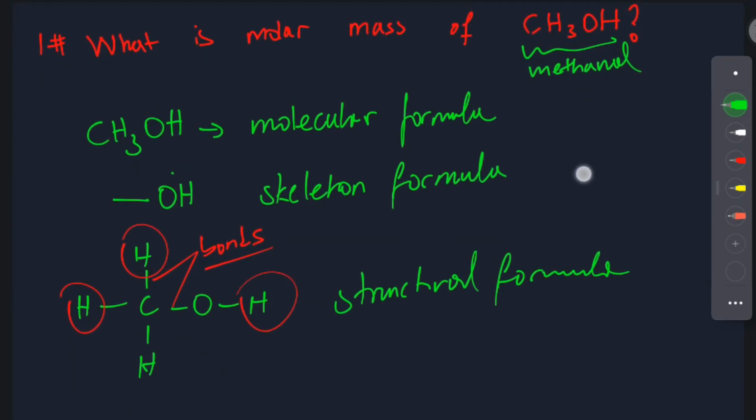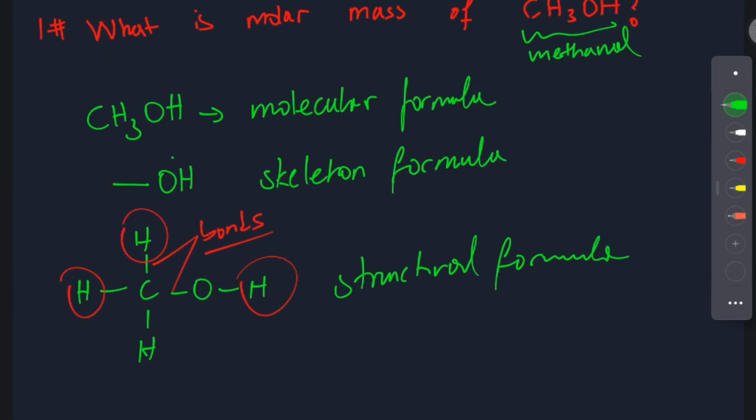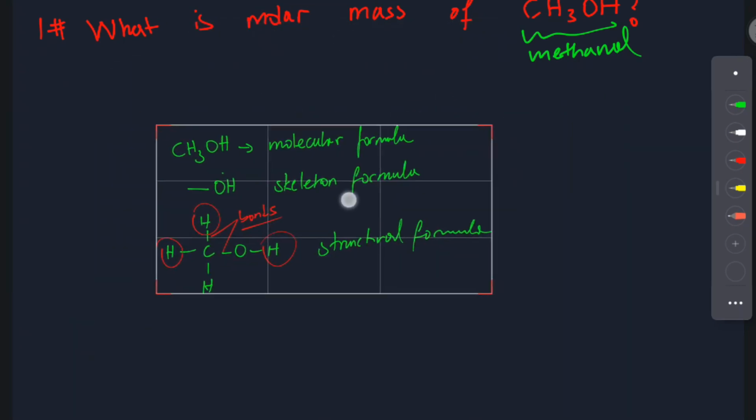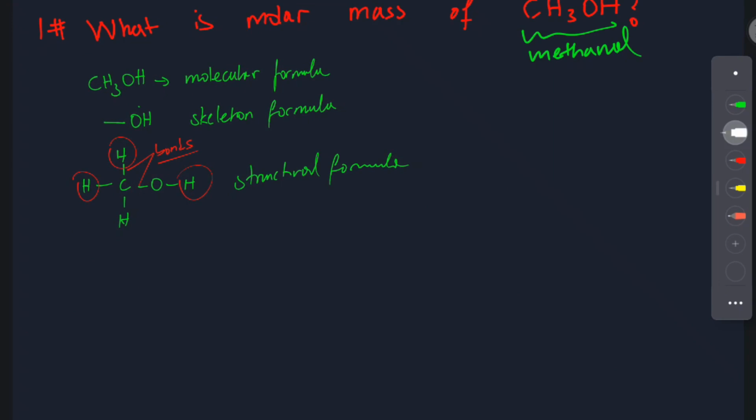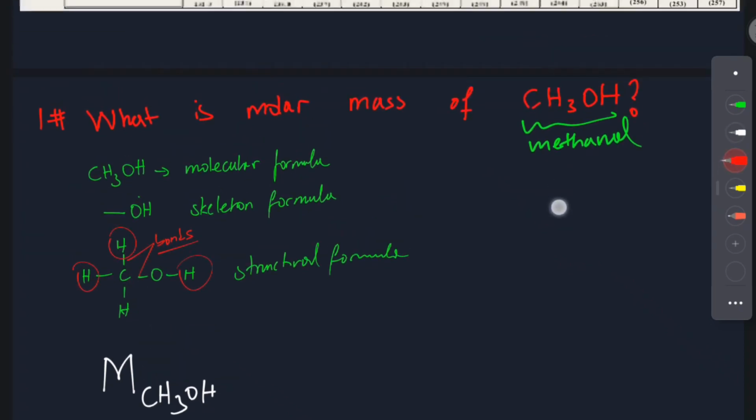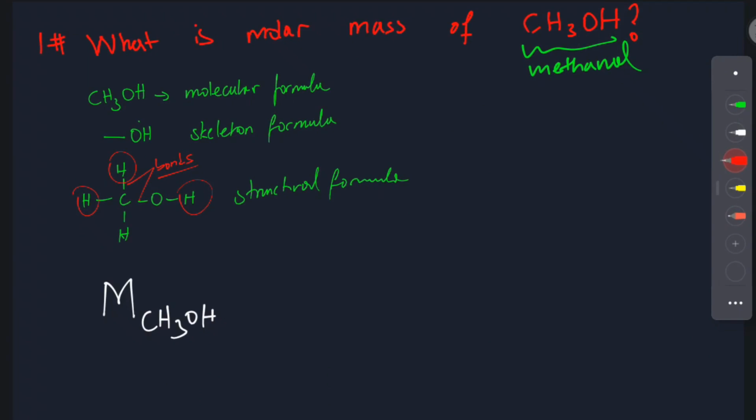And the question was, what is the molar mass of methanol? The molar mass is represented by big M. So this is the molar mass of CH3OH. We know the molar mass of each element from the periodic table, and the molar mass of methanol is the sum of all the elements in methanol.